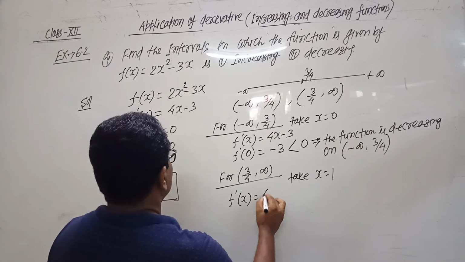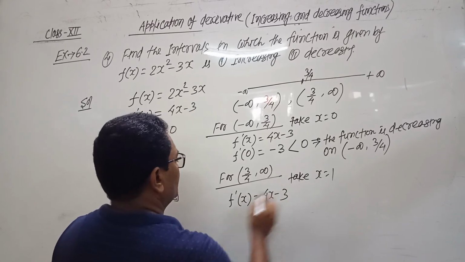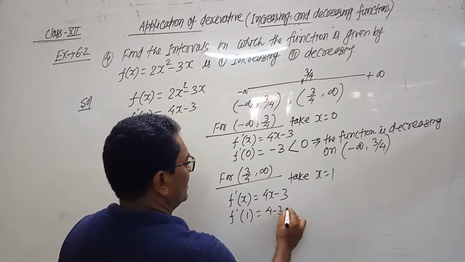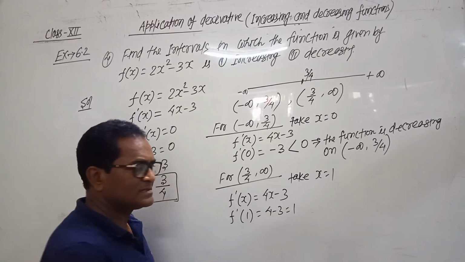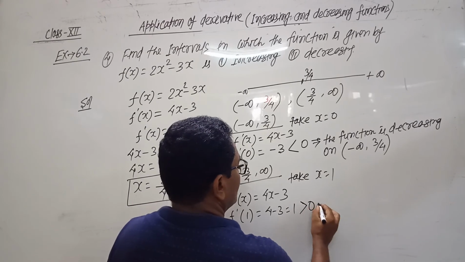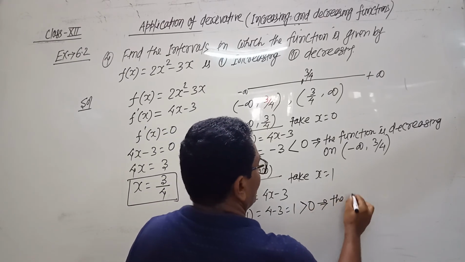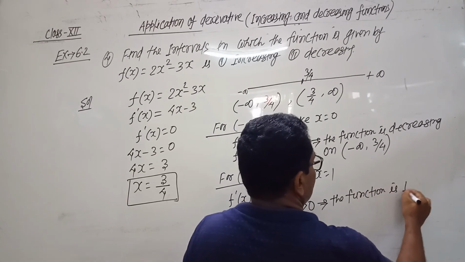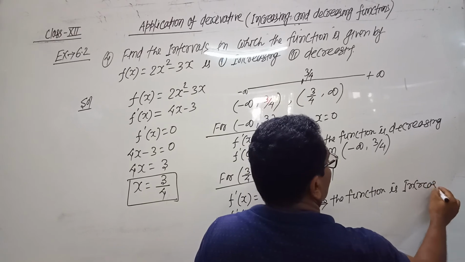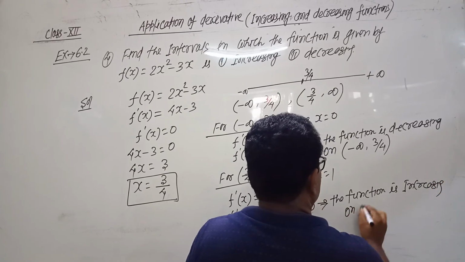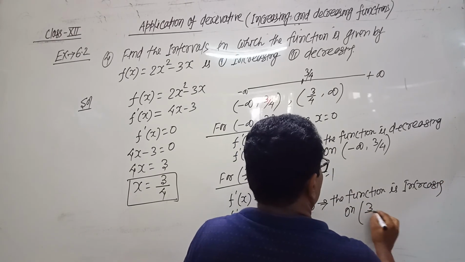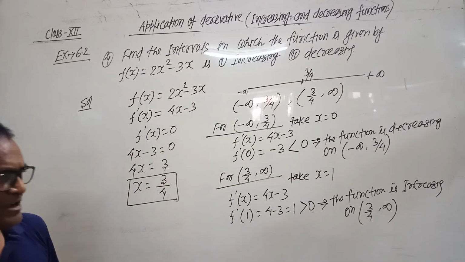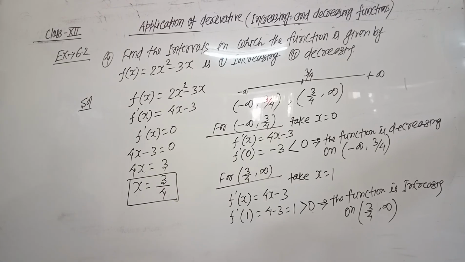So f dash x is 4x minus 3. Find f dash 1. So we get 4 minus 3, which is 1, and 1 is greater than 0. This implies the function is increasing on the interval 3 by 4 to infinity.